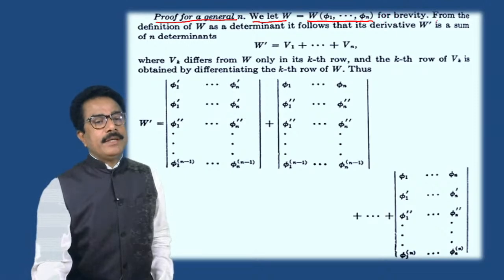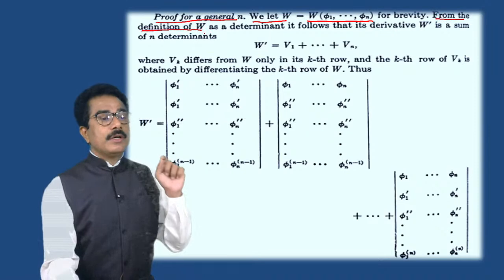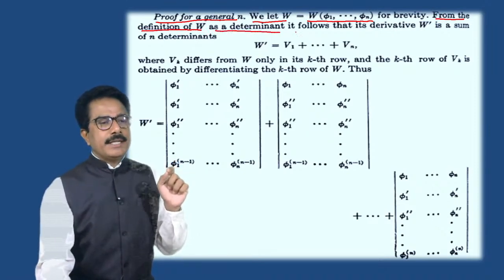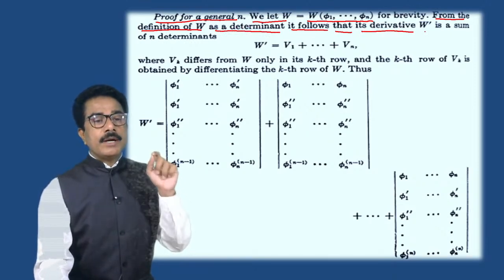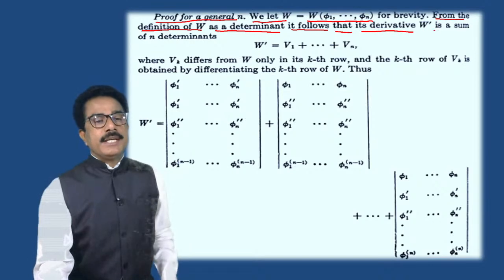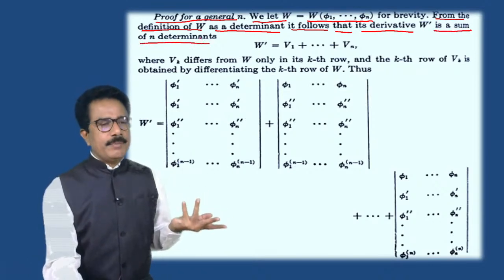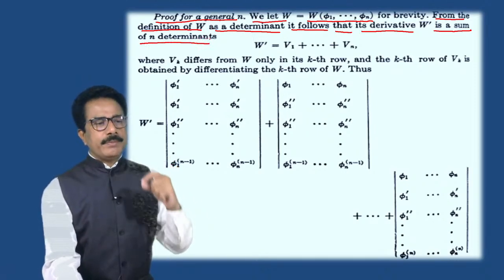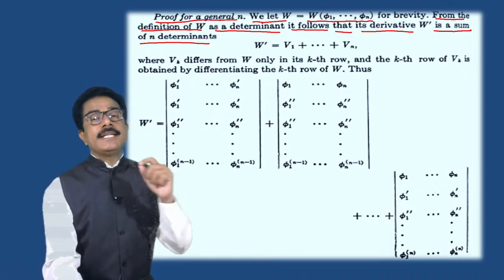From the definition of W as a determinant, it follows that its derivative W dash is a sum of n determinants.